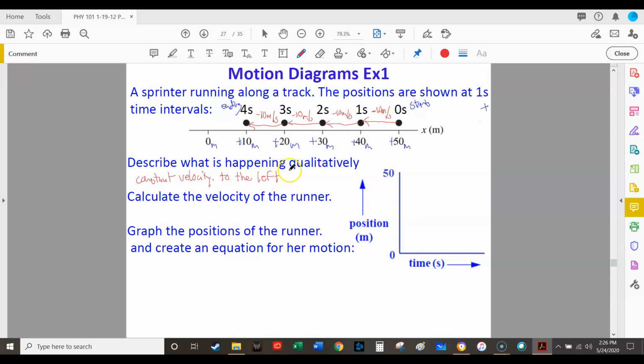Okay? Starting at 50 meters. I'm not looking for a specific choice of words here, just something brief to describe what you think is going on. And as long as you have constant velocity and the object's moving to the left, that's fine. You don't have to go too in depth on this, right? Just want to get a feel for what is happening.